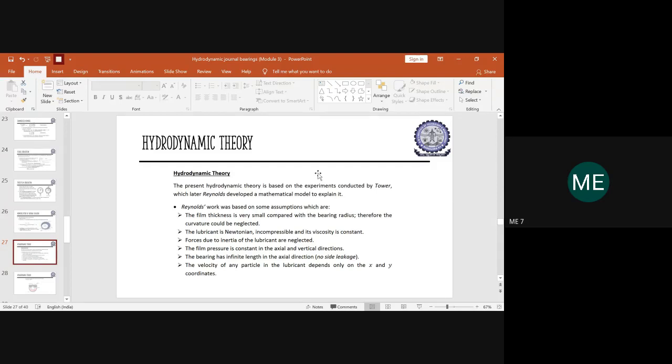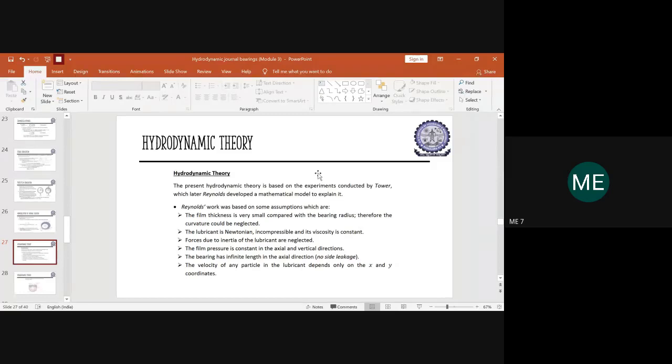If they ask you to derive the Reynolds equation, basically you are explaining the mathematical model to show what exactly the hydrodynamic theory is, and it helps to map the experimental data conducted by Mr. Tower. So the Reynolds equation basically deals with our hydrodynamic theory.